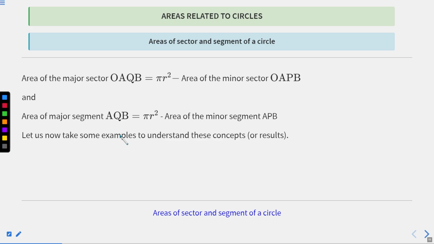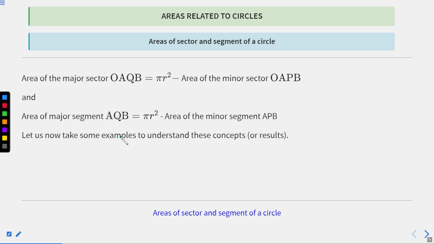We found the area of the minor sector OAPB is theta by 360 into pi r square. So for the major sector OAQB, we can use the formula pi r square minus the area of the minor sector OAPB.